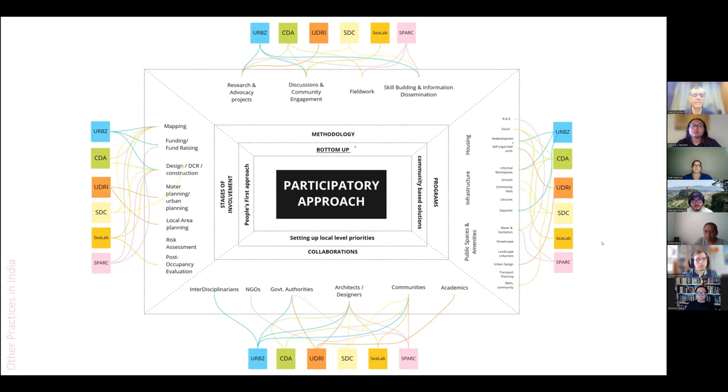But simultaneously, there are other firms, as I said, doing participatory and community projects. These are 6 forms that are coded in colors that you see on all 4 sides. And the nature of engagement they have with the community is through a participatory approach. So they look at a bottoms-up approach, what the community wants, which includes housing, health, infrastructure, amenities, and so on and so forth.